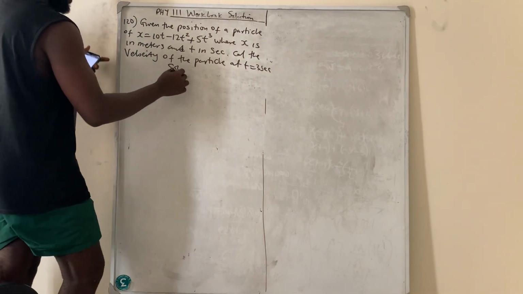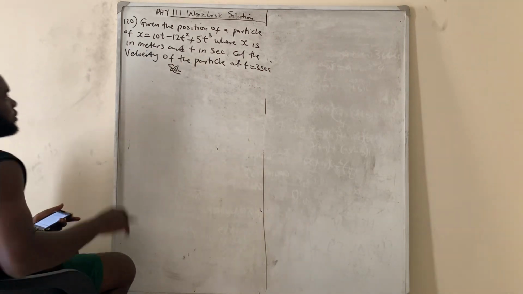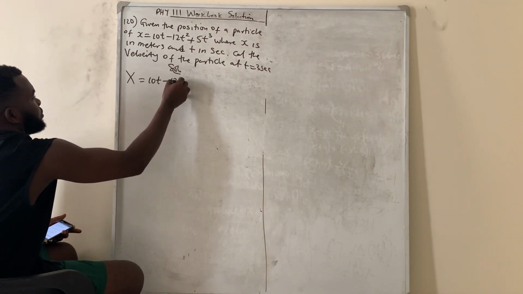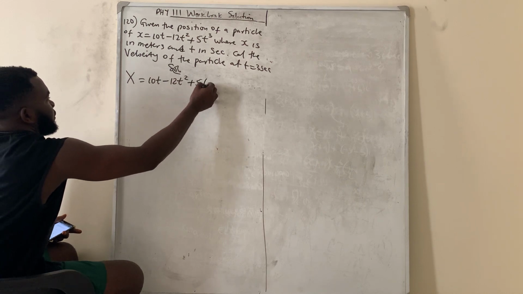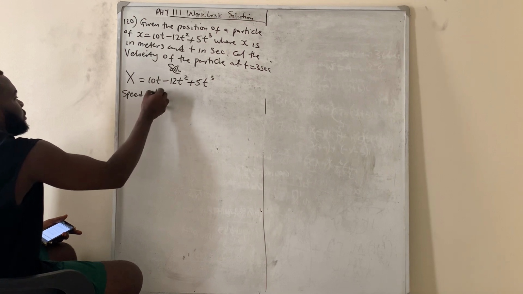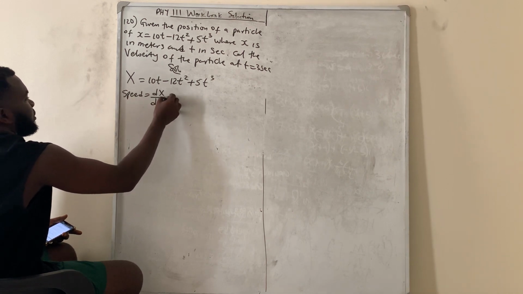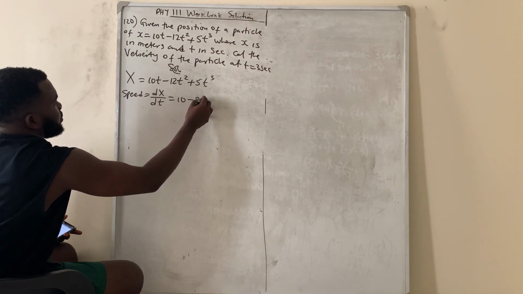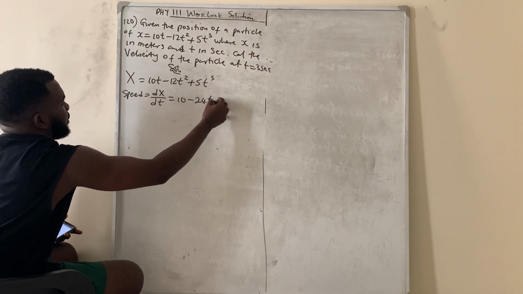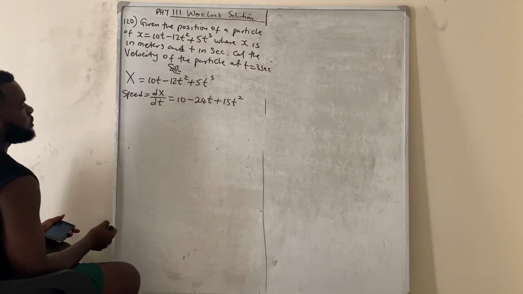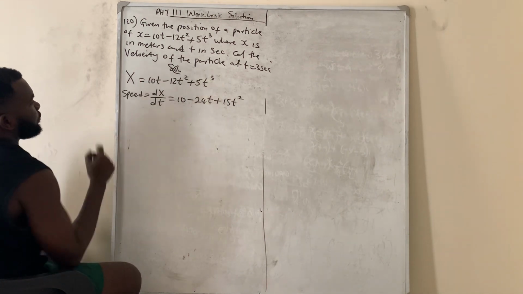Okay, solution. The same method again. We have x equal to 10t minus 12t squared plus 5t cubed. So speed is change in distance over change in time, which is 10 minus 24t plus 15t squared. That's how to differentiate: multiply by the power, remove one from the power.